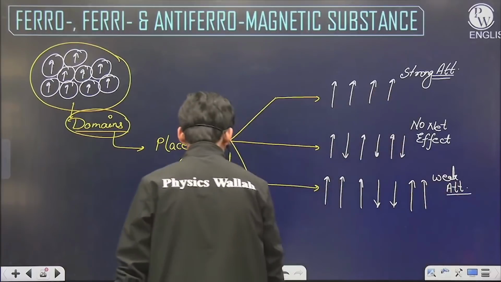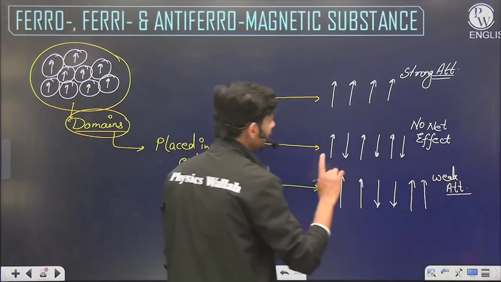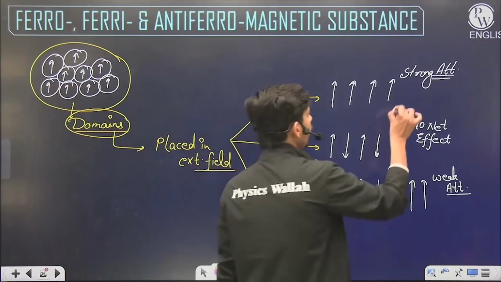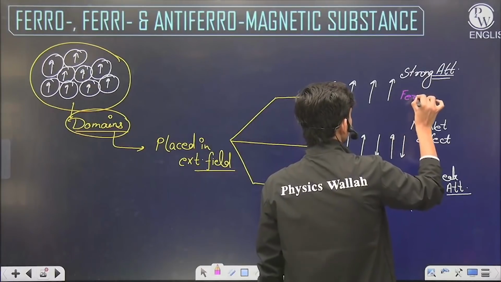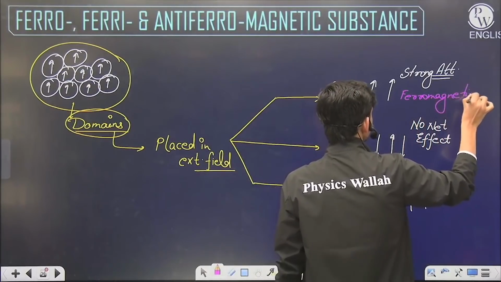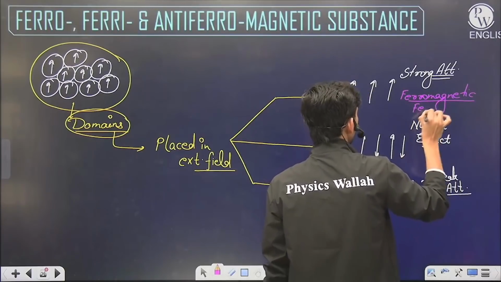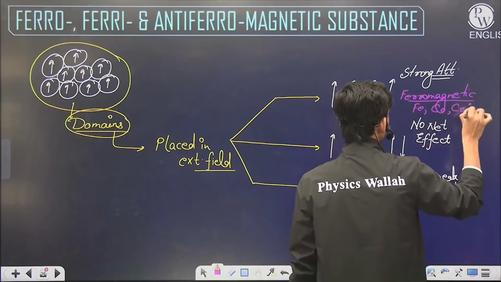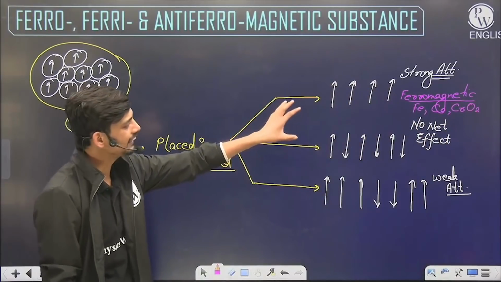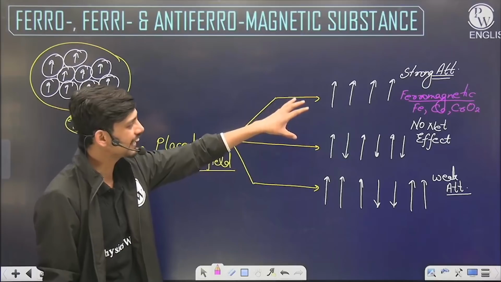So on the basis of domains, material can be of three further types. One is having a strong attraction. This is called ferromagnetic, like iron, cobalt, chromium oxides and others. Second is having no net effect, where all of the magnetic effect is cancelled out.